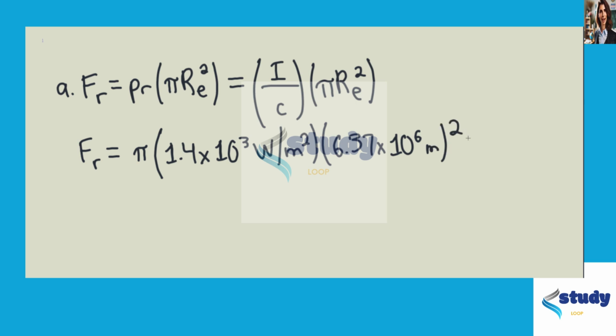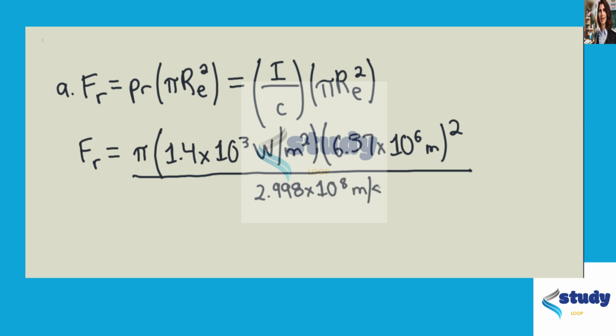This would be squared, all divided by the speed of light, 2.998 times 10 to the eighth meters per second. And we find that here the force of the radiation pressure would be 6.0 times 10 to the eighth newtons.